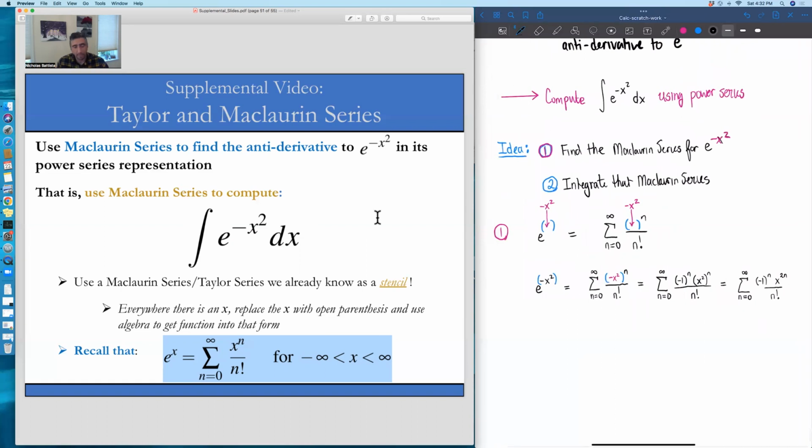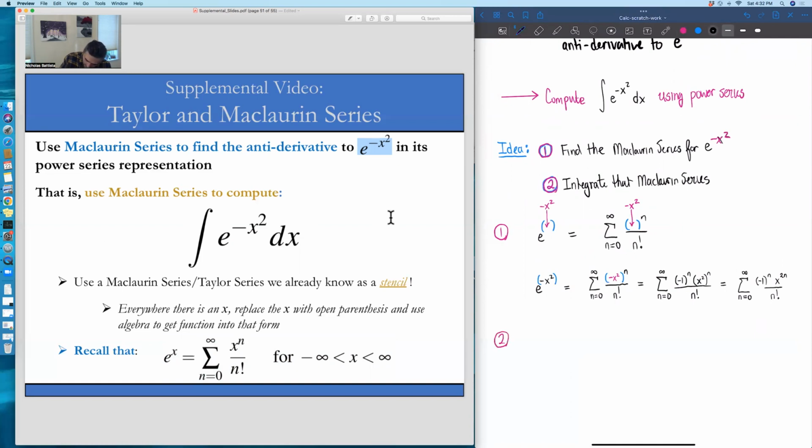So now we have a power series representation or Maclaurin series representation of the function e to the minus x squared. So the second thing we want to do is go ahead and integrate both sides.